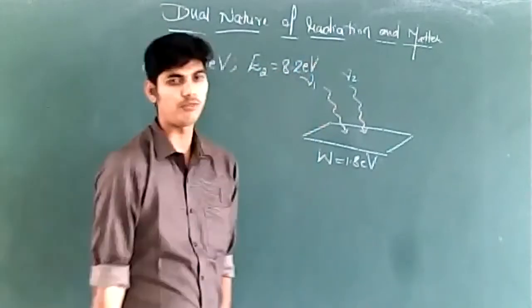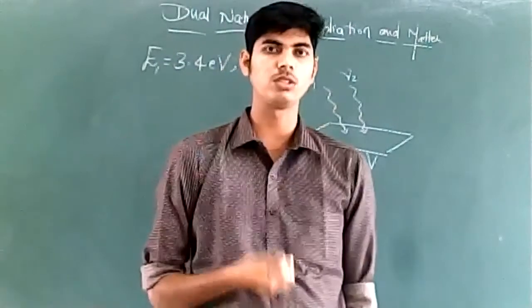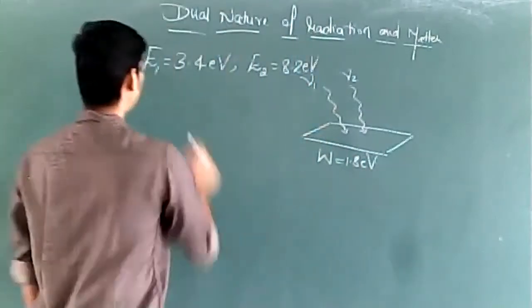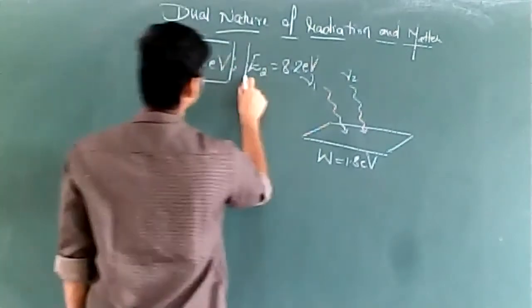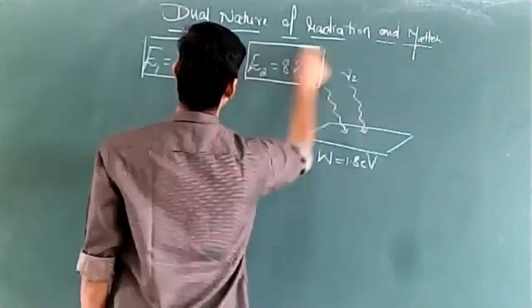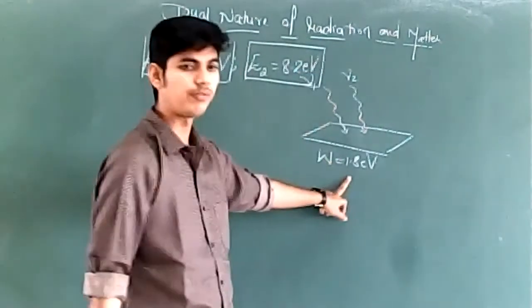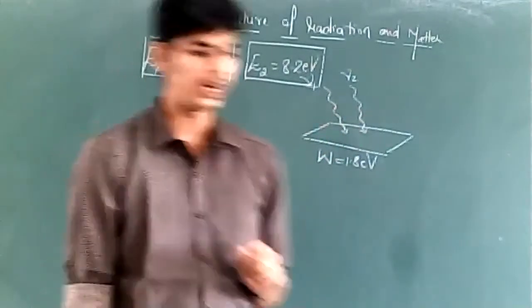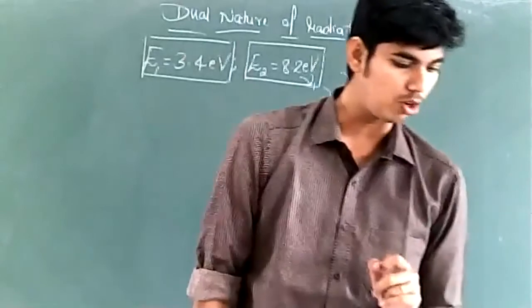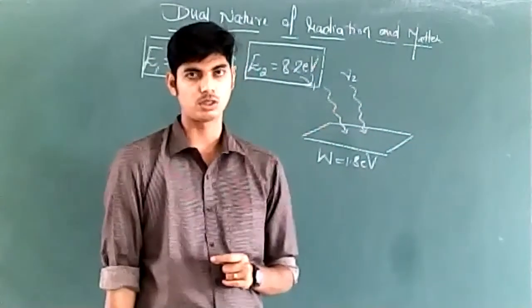Work function of the metal surface is also given. We are asked to find out the ratio of maximum speeds of the emitted electrons.